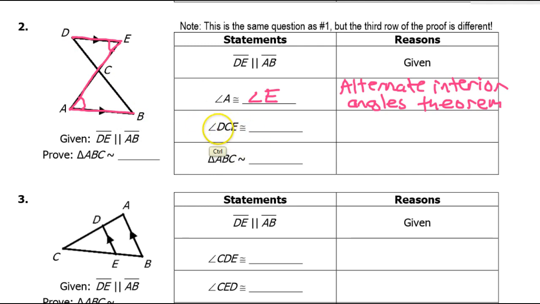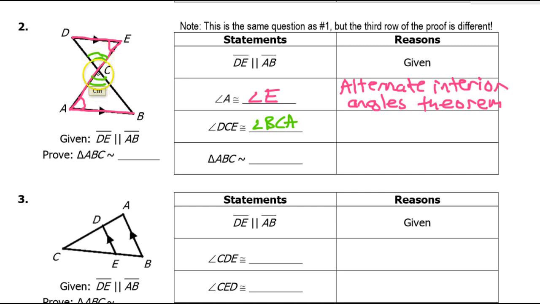This time they're talking about angle DCE. Angle DCE is this angle right here. Well, guess what? That angle is going to be congruent to angle BCA. Angle BCA.